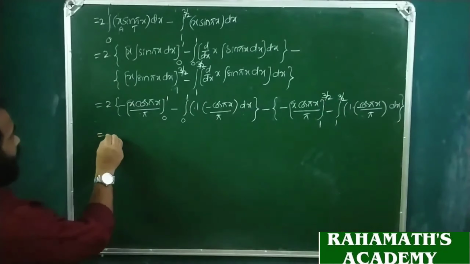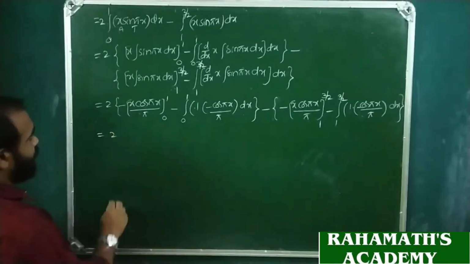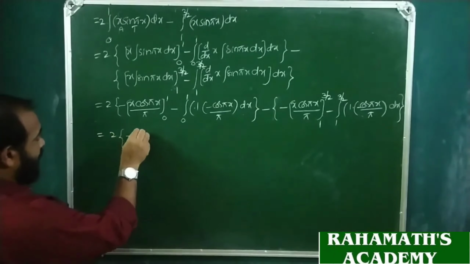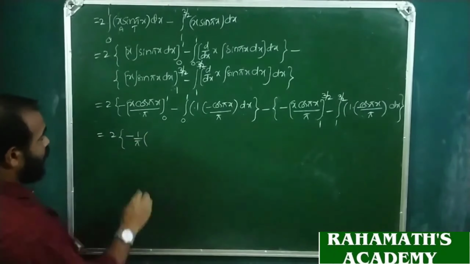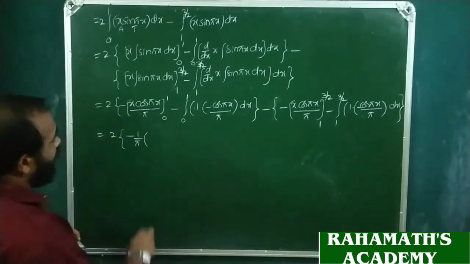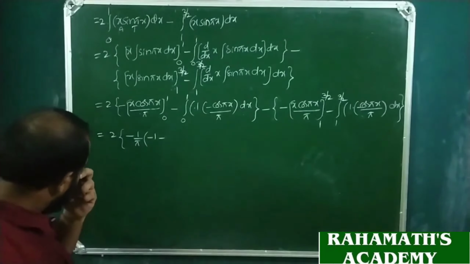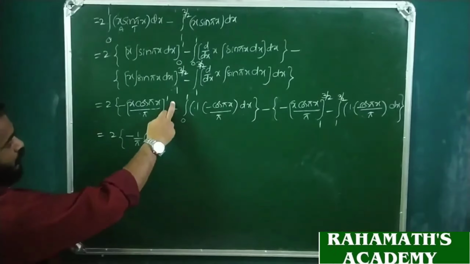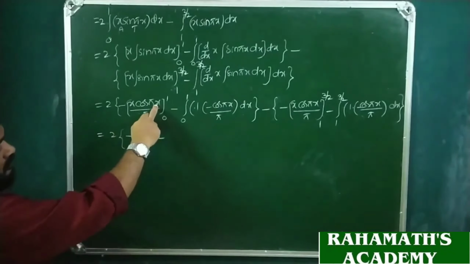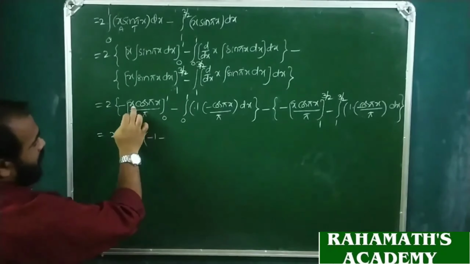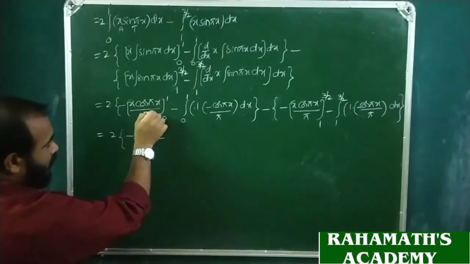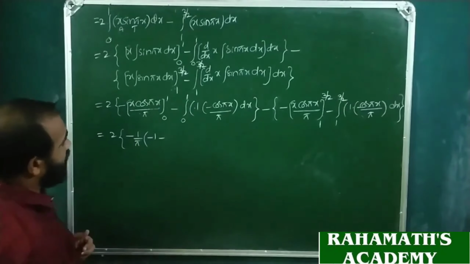So this is 2 into minus 1 by pi into cos pi into 1, cos pi is minus 1, minus 1 into cos pi into 1. Cos pi value is minus 1.